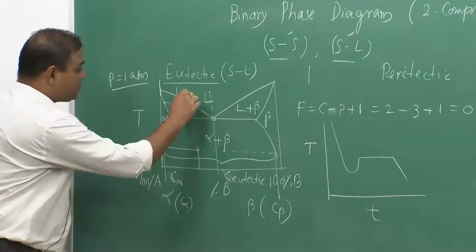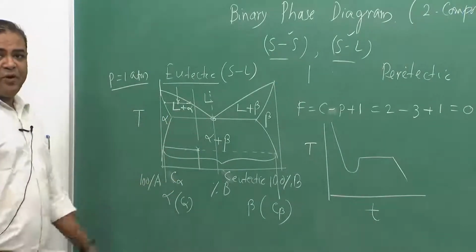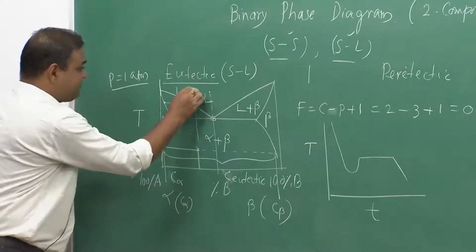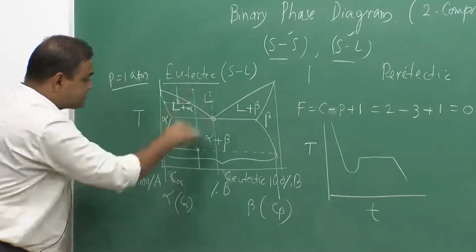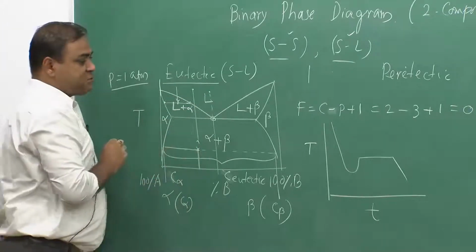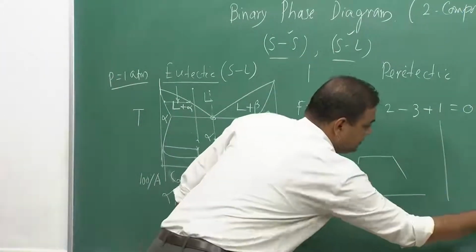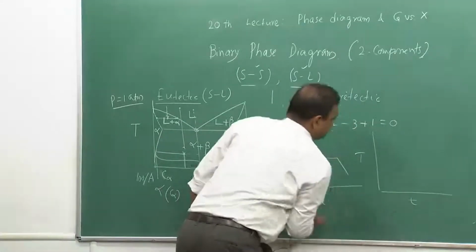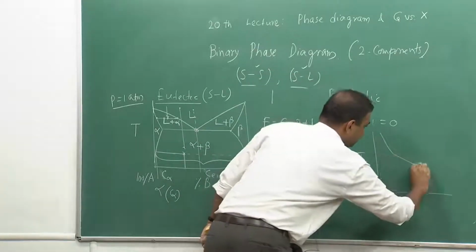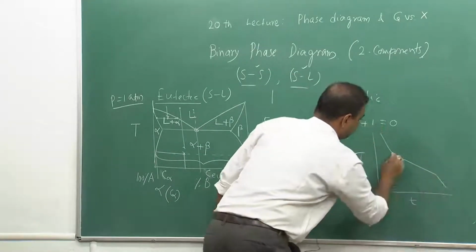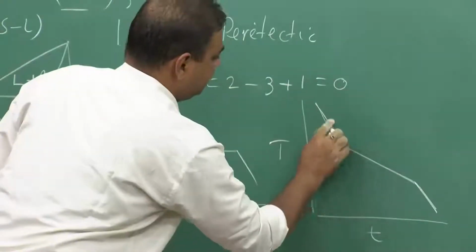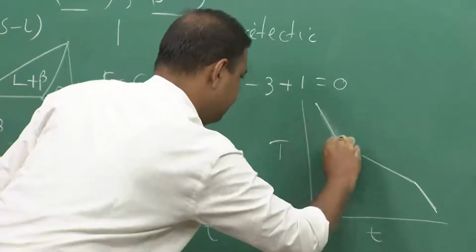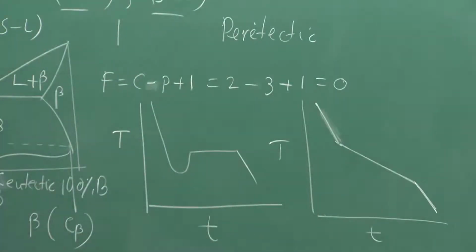But if I try to draw the cooling curve at any other point, for example, if I take the liquid here and then start cooling, reaching this point, we will get a cooling curve like this, okay.